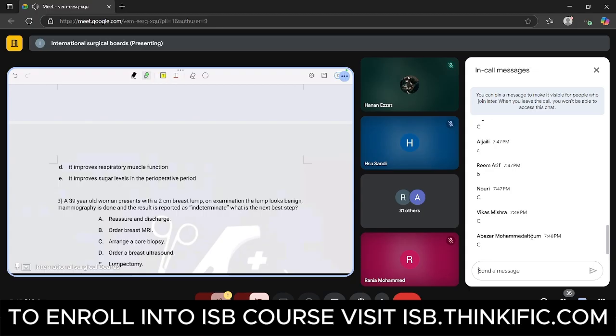But anyway, of course, you have to follow the triple assessment. That is history and examination, and then tissue biopsy, usually core cut. Right before that, there is ultrasound or MRI or mammography according to the clinical scenario that you're facing. Now they went ahead and did a lumpectomy immediately on that mass.